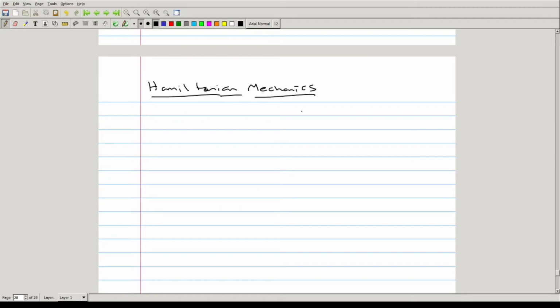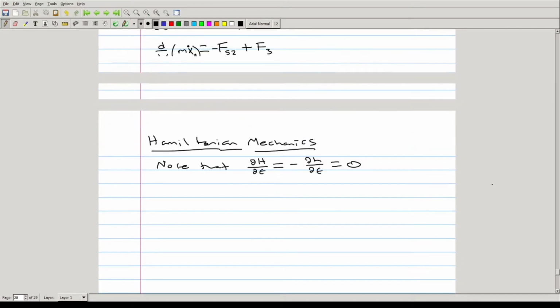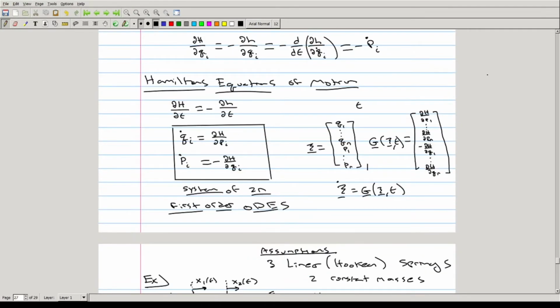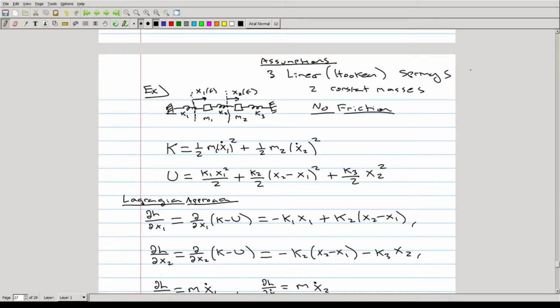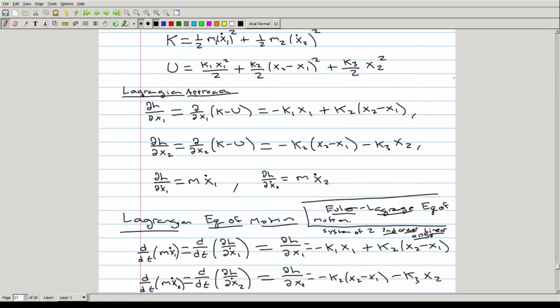And the first thing you want to note is that the rate of change of the Hamiltonian with respect to time, which is equal to negative the rate of change of the Lagrangian with respect to time explicitly, is equal to 0. And the idea here is, well, we first calculate our generalized momenta, and we've already done that.